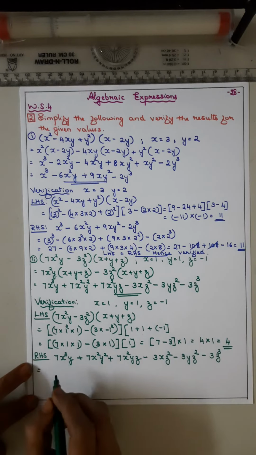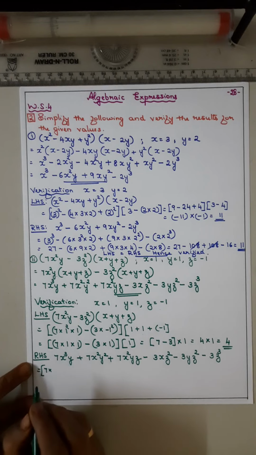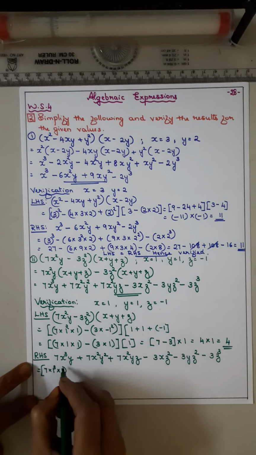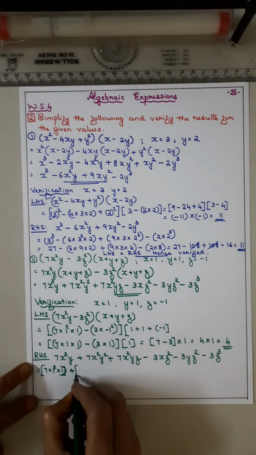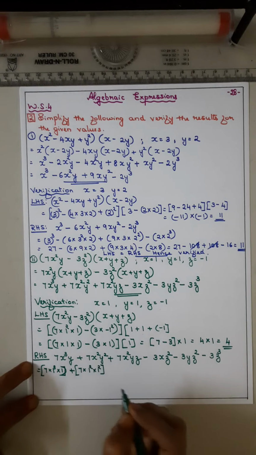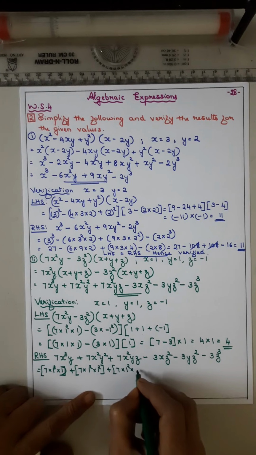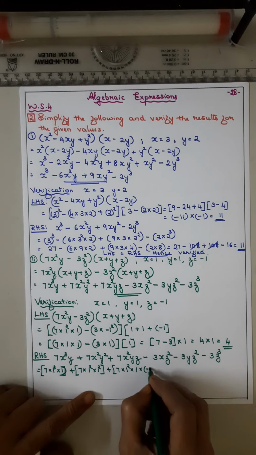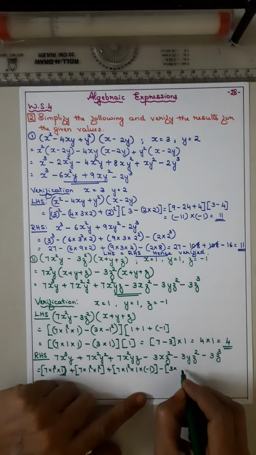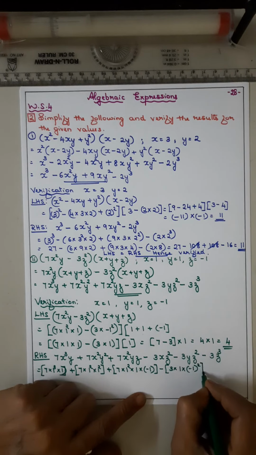Okay, now put the values, square bracket, 7 into x is 1 cubed, it is 1, okay, plus 7 into x is 1 squared, y is 1 squared, plus 7 into x is 1 squared, y is 1, z is minus 1, minus 3 into x is 1, z squared, minus 1 squared.